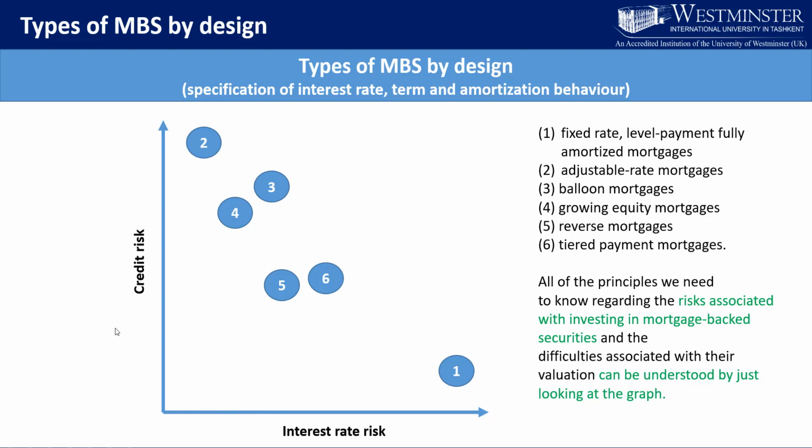So you may have certain types of MBS which have very high interest rate risk but low credit risk. What does this mean? Interest rate risk is borne by the lender, right? And interest rate risk happens when you have extended a fixed rate loan and interest rates are going up, which means the borrower is benefiting by paying much less than the market rate.